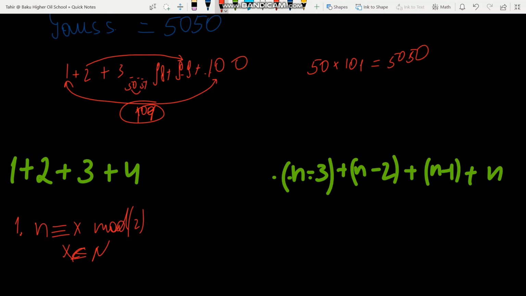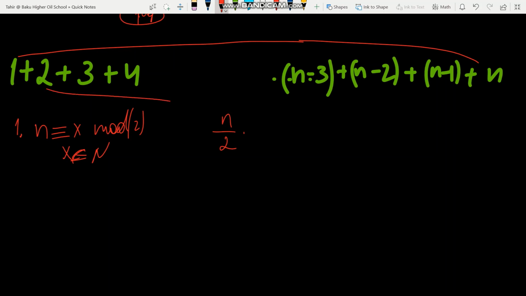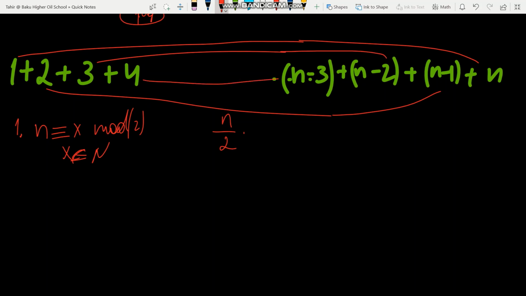If n is even, the number of pairs will be equal to n divided by 2, and the sums will be 1 plus n, 2 plus n minus 1, 3 plus n minus 2, 4 plus n minus 3, and it goes on the same way. n divided by 2 is the number of pairs, and we multiply it by the sum of each pair, which is 1 plus n, so it will be equal to n multiplied by n plus 1 divided by 2.